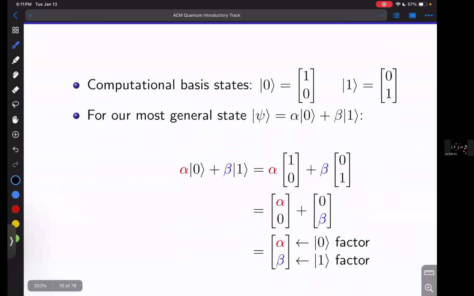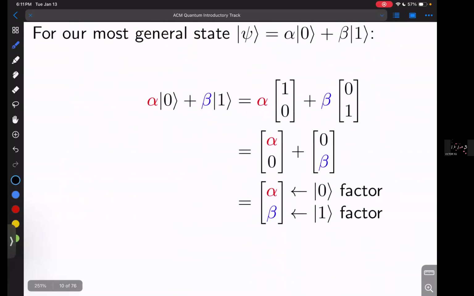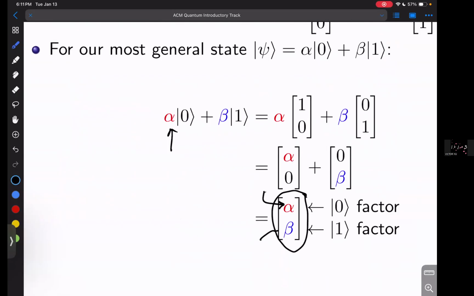And then you can add these two components. And you'll notice that in this vector form of the state, the first number is the coefficient in front of the 0, and the second number is the coefficient in front of the 1. So there are two different notations that are both helpful at certain times. So hopefully we'll get you guys used to both. Any questions on that?